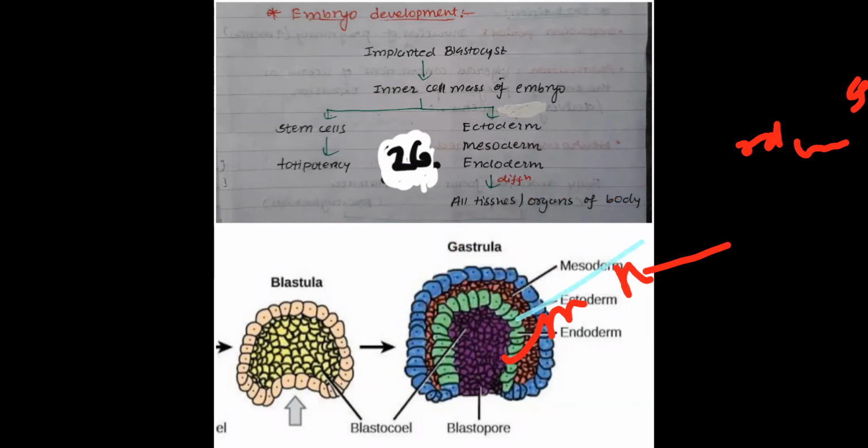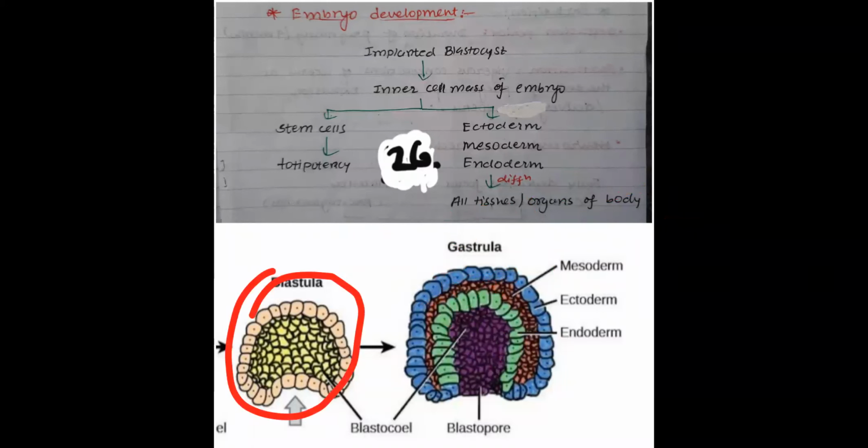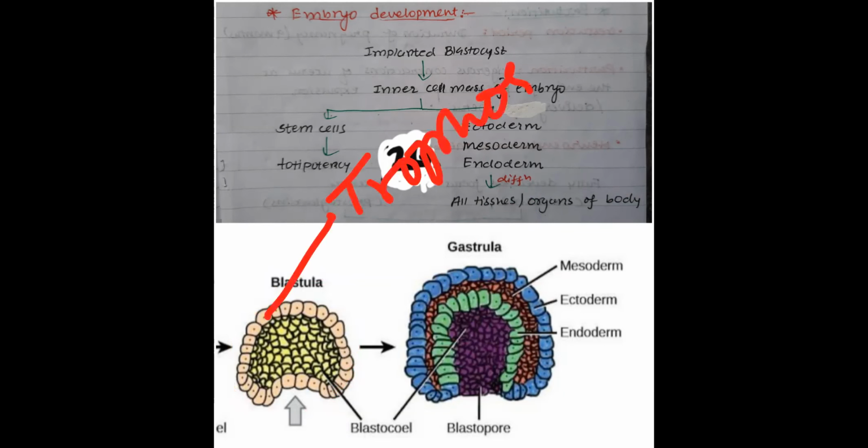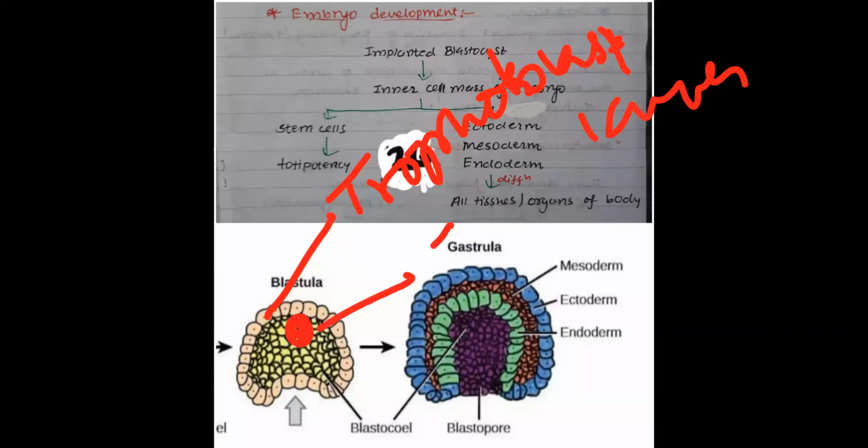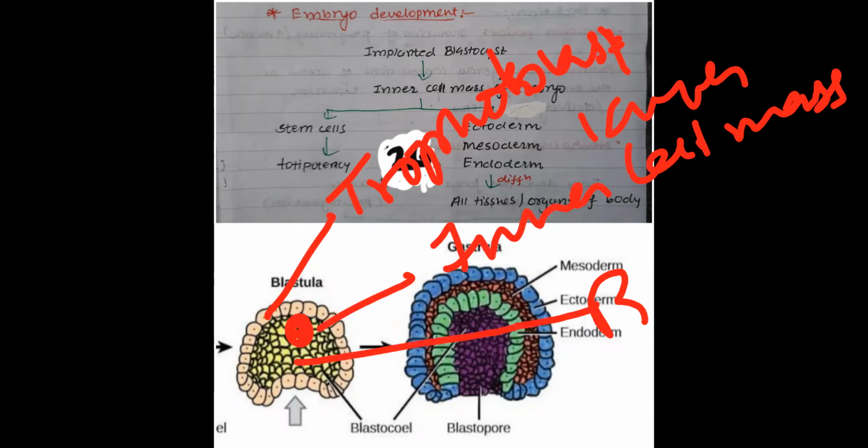This implanted embryo, that is the blastocyst, has only 2 things: the trophoblast layer, the outermost single layer of cells, and a small mass of cells called the inner cell mass, and there is a cavity called blastocoele, filled with fluid.